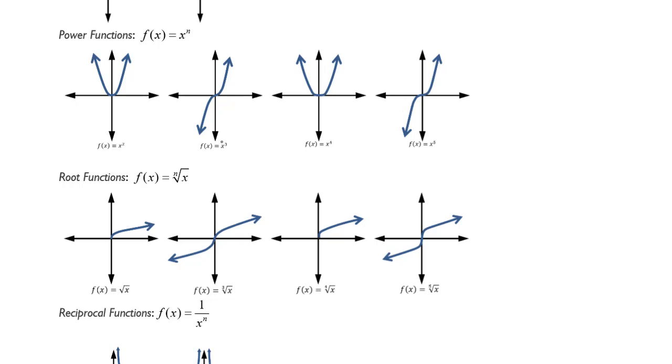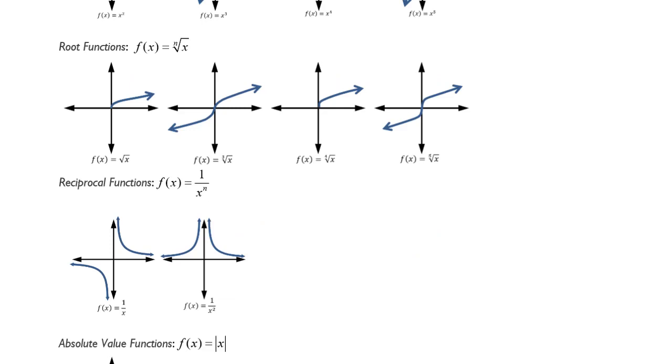This will be true of functions raised to an odd exponent, such as 3 or 5, and the even exponents will always produce open parabolas. The higher the power of the even exponent, the more flat the parabola will become at the origin.